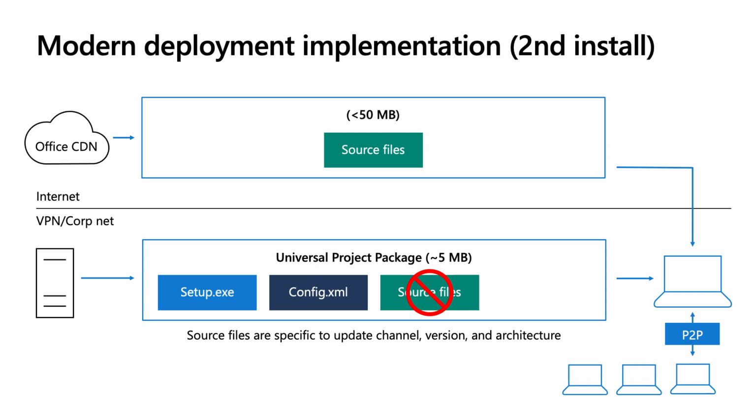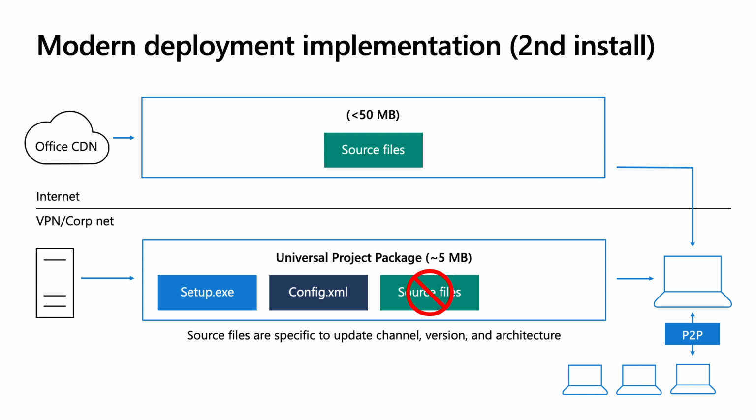And the other benefit is, instead of pushing the full set of source files with all these languages to a device, and then the setup just determines, oh, I only need this piece and this piece and this piece, and 99% of the synchronized content in my local cache I don't need, I allow the client to download from the Office CDN only what it needs.